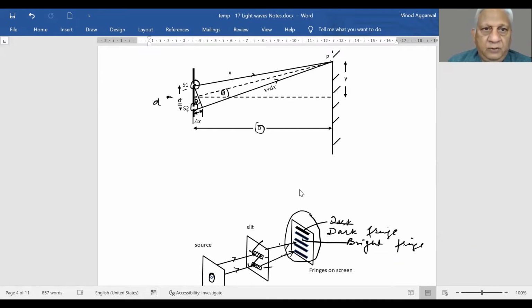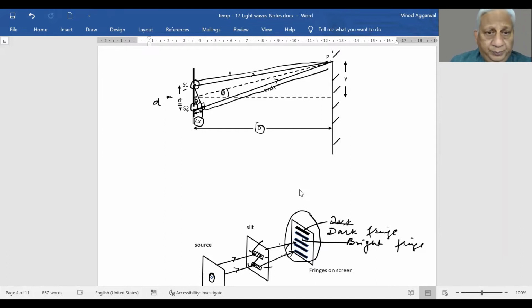Yes, the bottom one is longer, because if we draw a perpendicular from here to here, both the paths are equal. But this much part is extra. So this we call delta x.